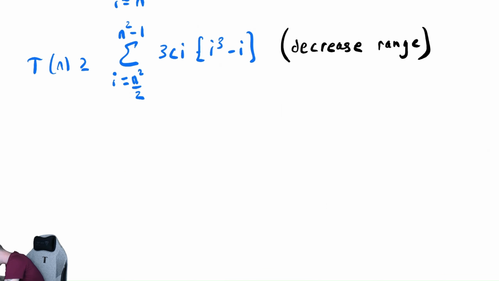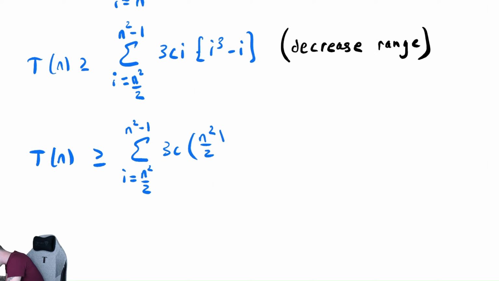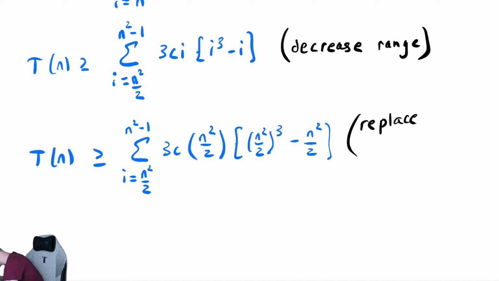So we get T of n is greater than or equal to the sum from i equals n squared over 2 to n squared minus 1 of 3c, replace every instance of i with n squared over 2, and we get 3c times n squared over 2 times quantity, n squared over 2 cubed minus n squared over 2. And just as we did before, all we're doing there is replace each term with the min.